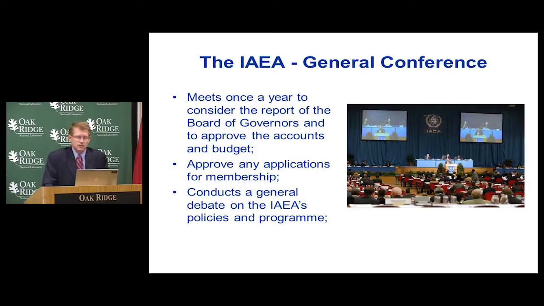Other activities that take place is to approve any application for new membership to the IAEA, and it provides a forum for the debate, conversation, discussion among the IAEA members concerning the IAEA's policies and overall program implementation.